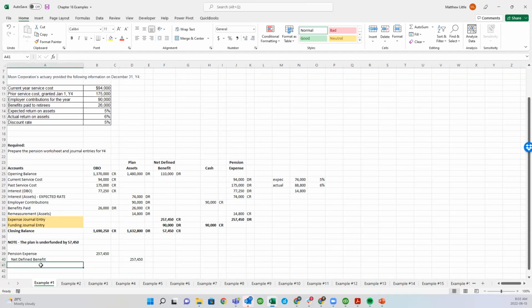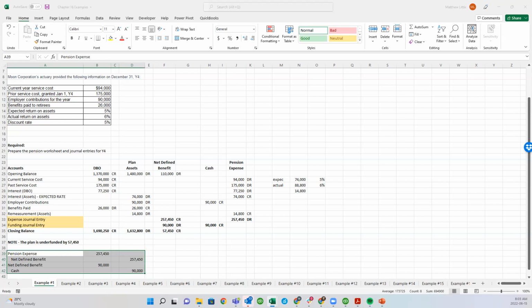And then we'd also have the net defined benefit for the contribution from cash, credit. And those are our journal entries related to the pension expense and contributions for the year.